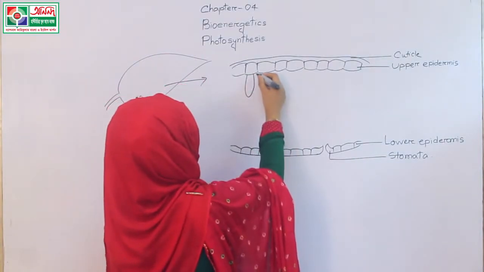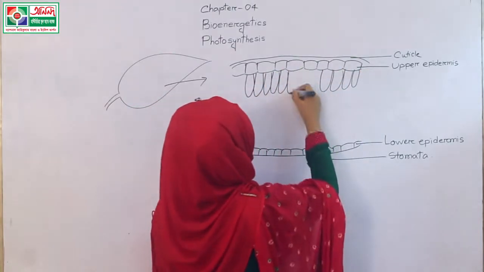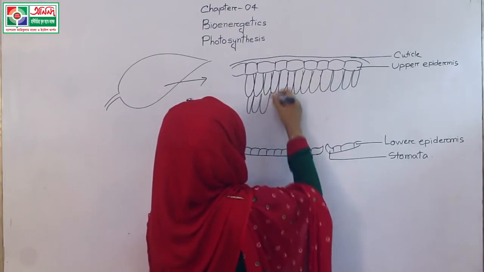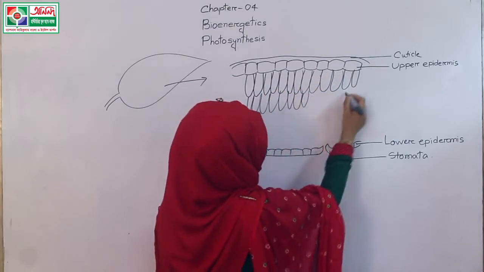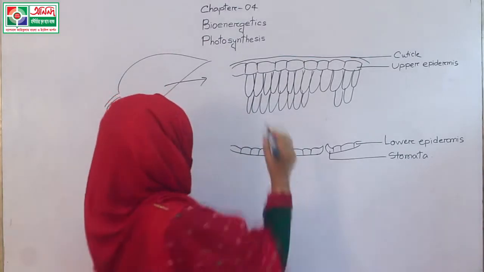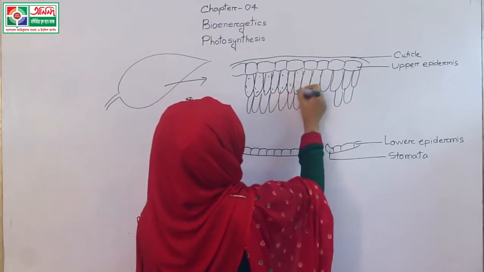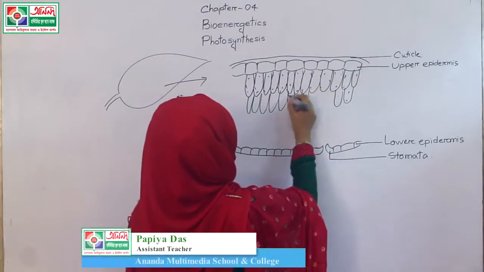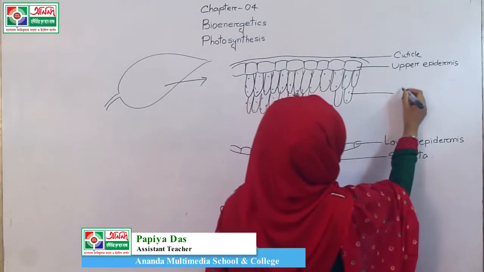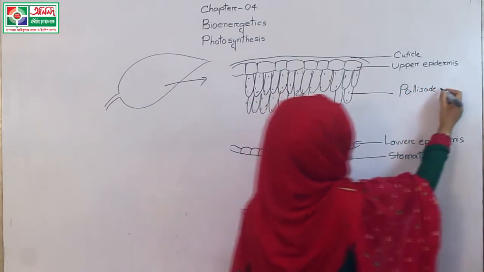I am drawing these cells. These cells are known as the palisade parenchyma. I am putting some dots here. So these are palisade parenchyma.